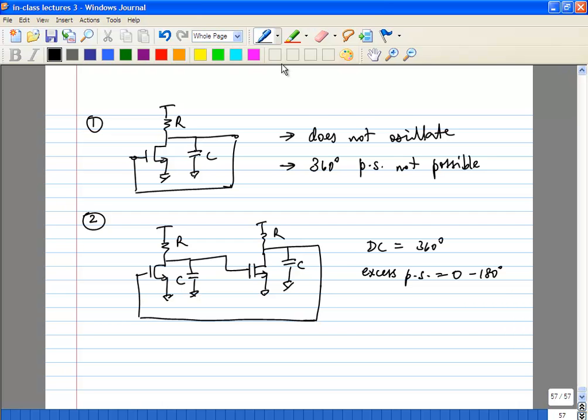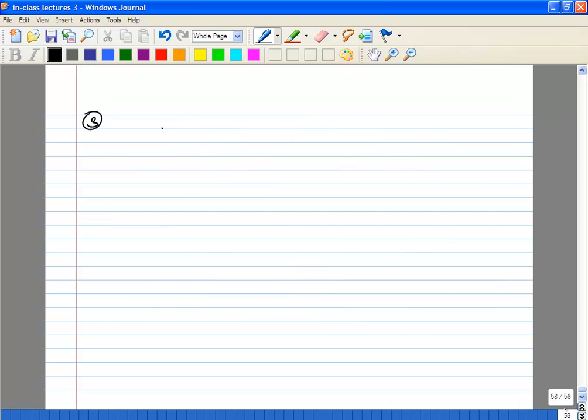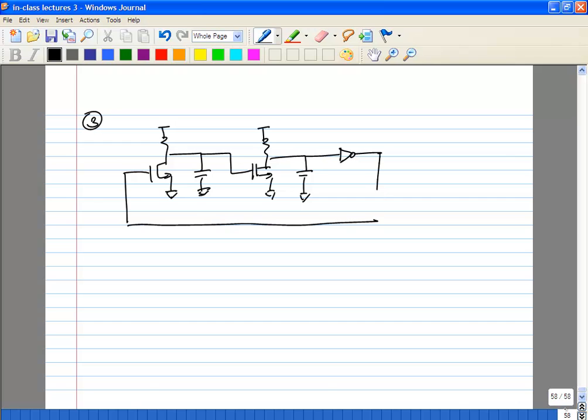So what we'll do next is we'll try to add an ideal inverter. Okay, so does this circuit oscillate? Why not?